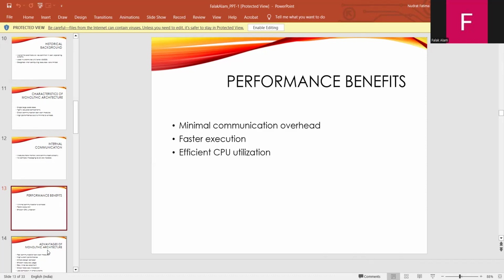There is no need for additional mechanisms such as message passing or context switching between different memory spaces. This reduces overhead and improves execution speed. As a result, monolithic systems are often preferred in situations where performance is critical.